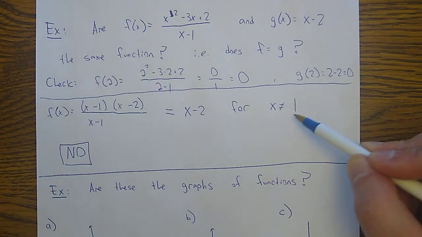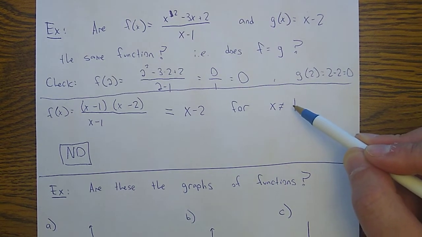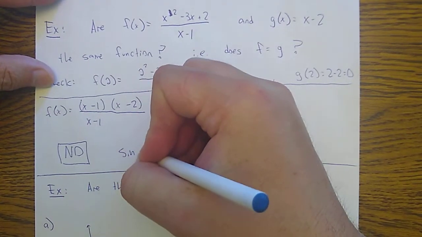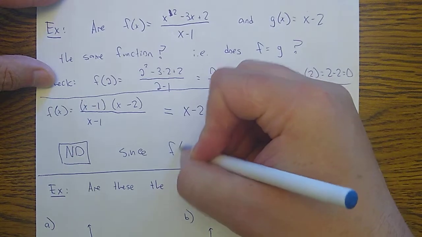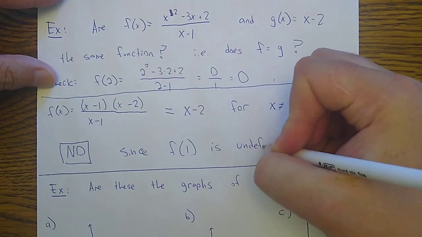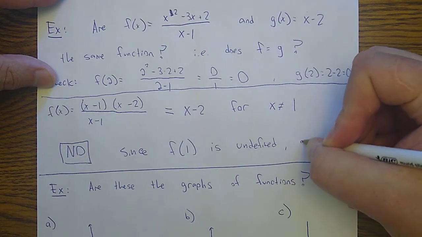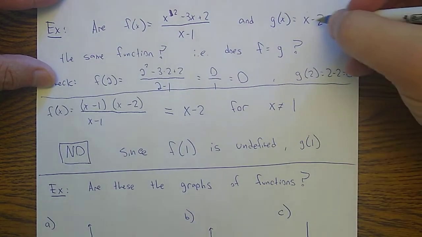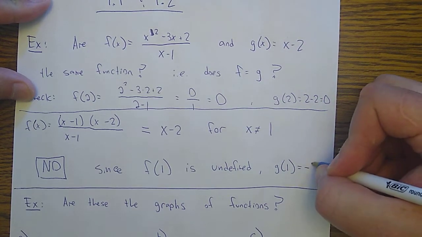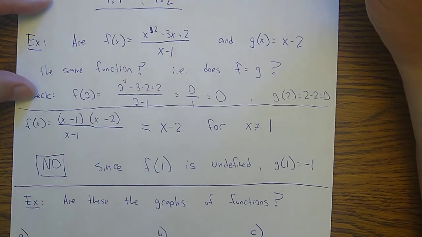But the fact that there's even a single value of x that causes a problem means the answer is no. f of 1 is undefined. g of 1 is fine. G of 1 I have no problem. I would plug it in and I would get -1.